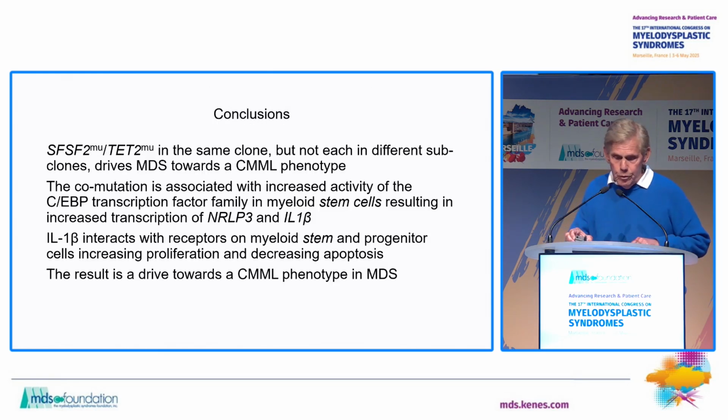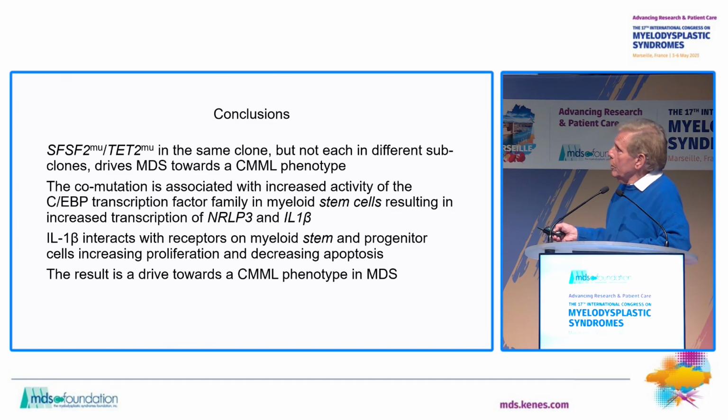So let me just give you our conclusions so far. SRSF2 mutated, TET2 mutated in the same cell. I mean, that's the important point. In the same cell, but not in different subclones. It drives the myelodysplastic neoplasm towards a CMML phenotype.